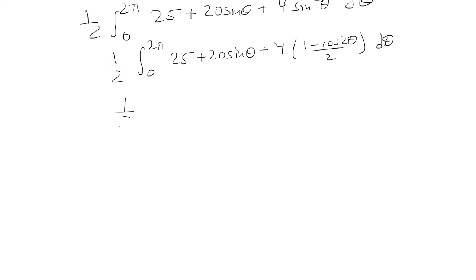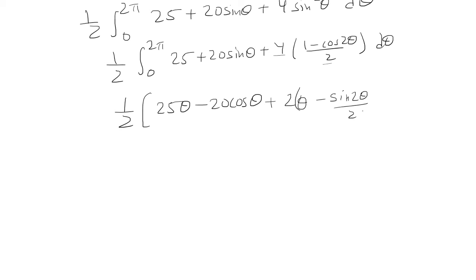Okay, so that will be 1/2. And then now let's integrate 25 theta minus 20 cosine theta. The 4 over 2 becomes 2, so I can factor that out. And then the integral of 1 is theta. The integral of negative cosine 2 theta is negative sine 2 theta over 2. And then we're going from 0 to 2 pi.